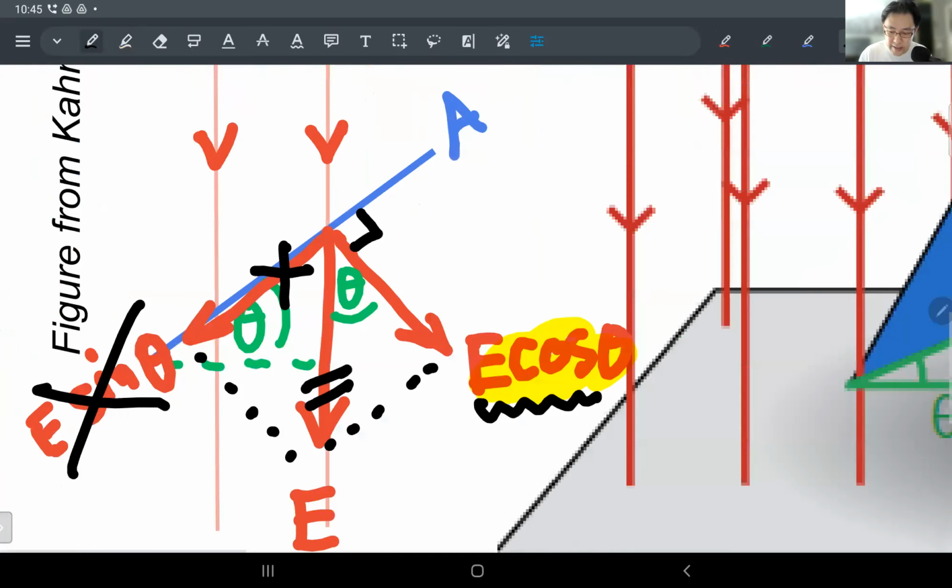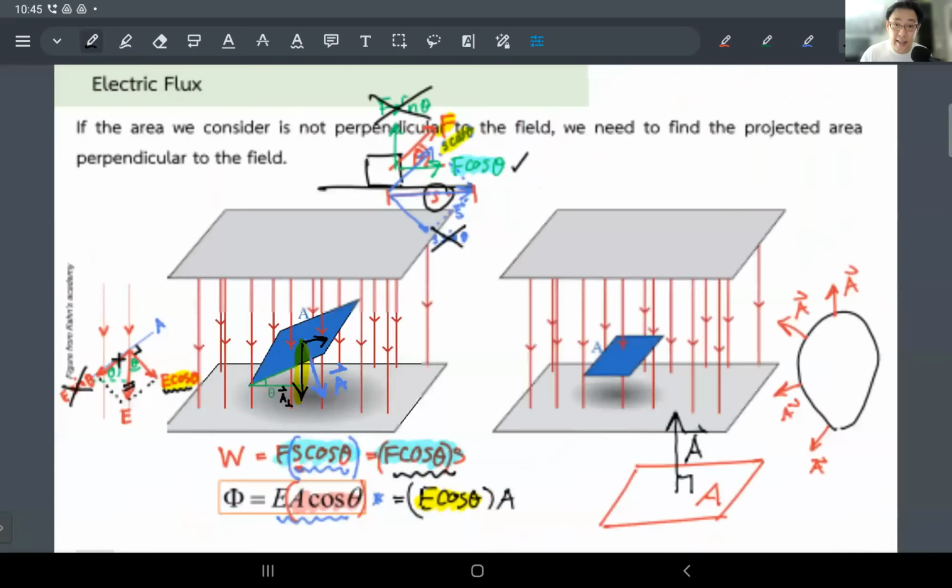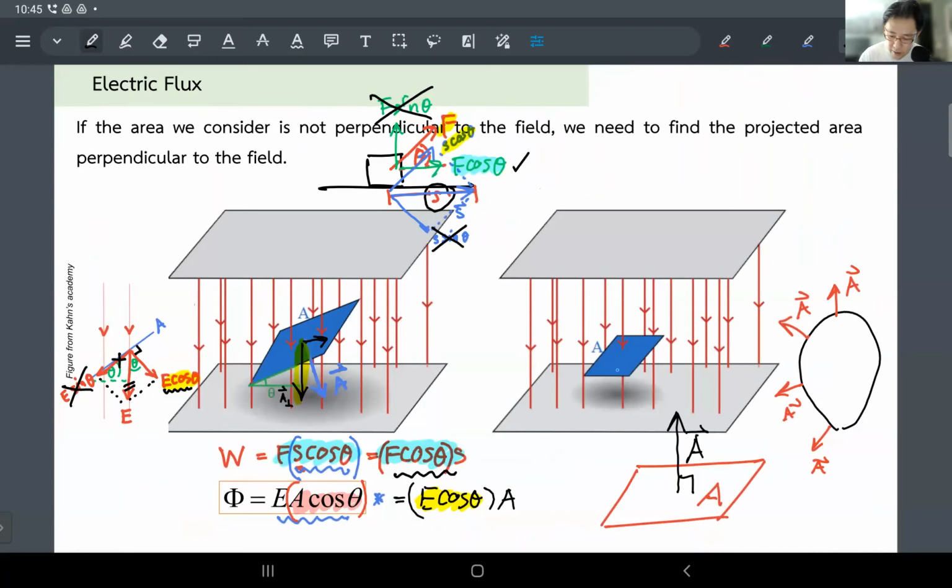So what I'm saying here is, when you have the A perpendicular component pointing down, it must be representing the actual surface that is horizontal. Let me write it on the right here, guys. I hope this gives you some connections. Does that make sense? The figure on the right showcases what I am trying to explain. I have an area that makes some angle with the electric field.